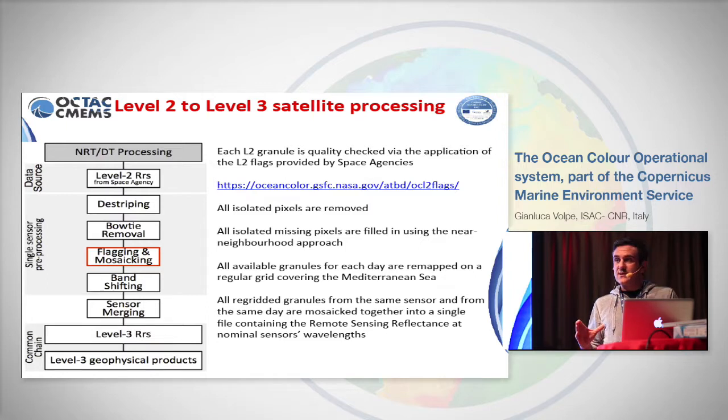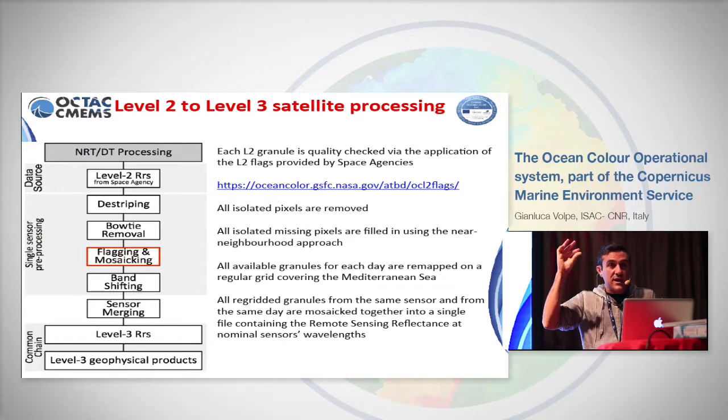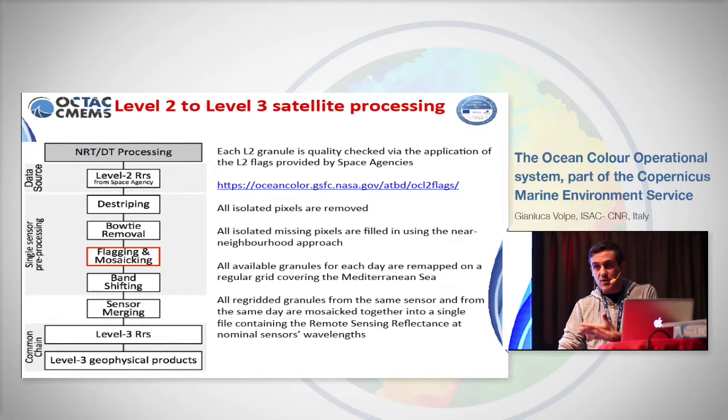These flags are simply coded conditions of the single pixel acquisition. So you can discard all the coastal pixels, for example, or all the pixels affected by very thin clouds, which you can still look through, but the quality of the product is not very high.